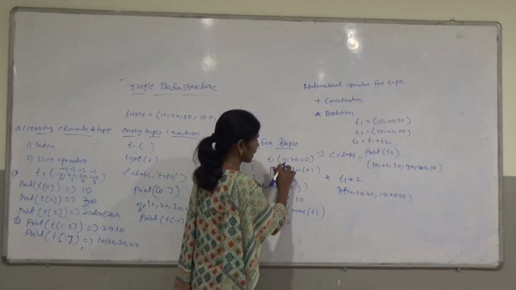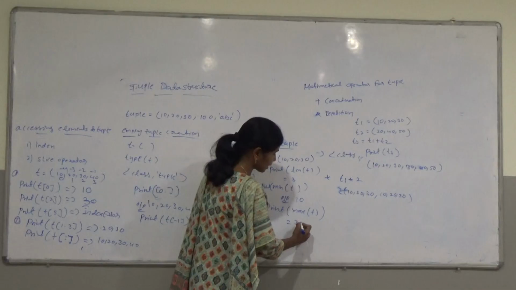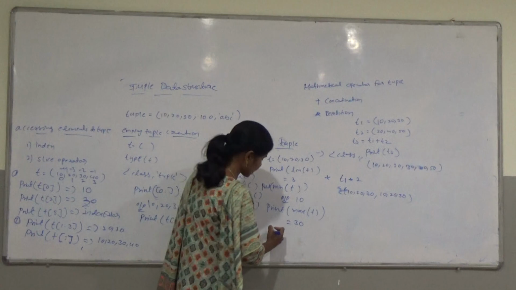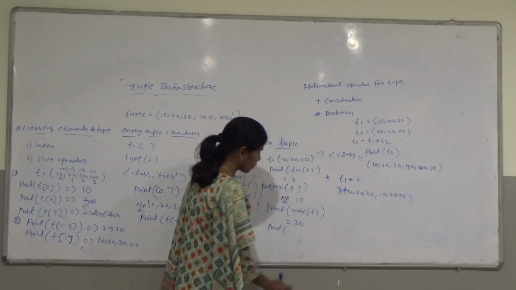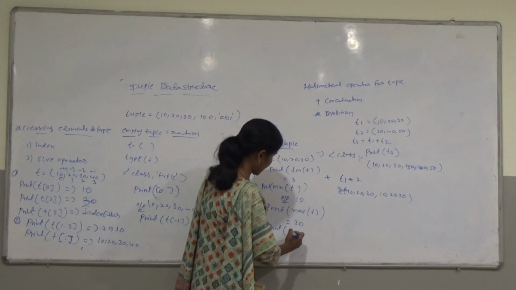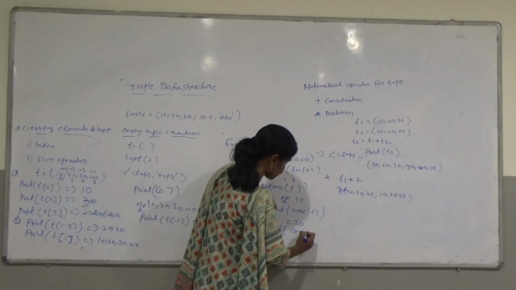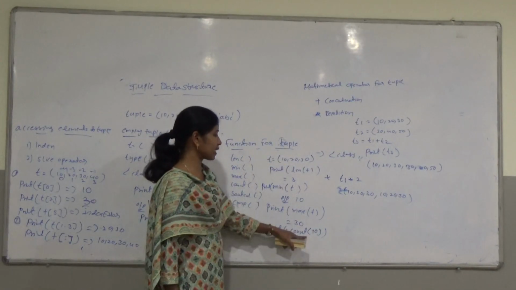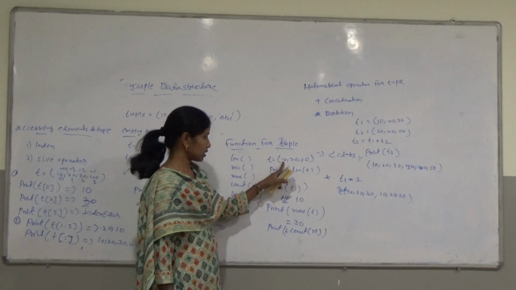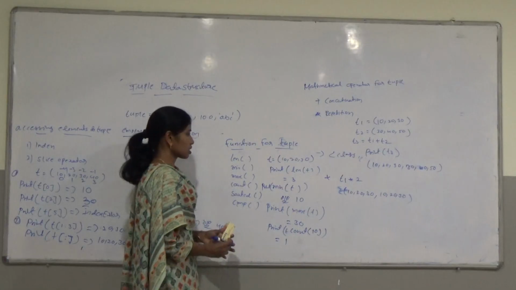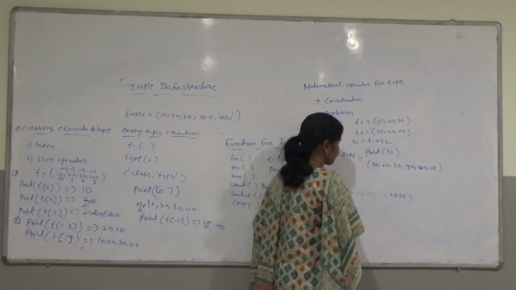Among 10, 20, 30, the maximum element is 30. Next, the count function prints how many times a particular element occurred. For example, t.count(10): 10 occurred only one time in the t object, so 1 is printed here.